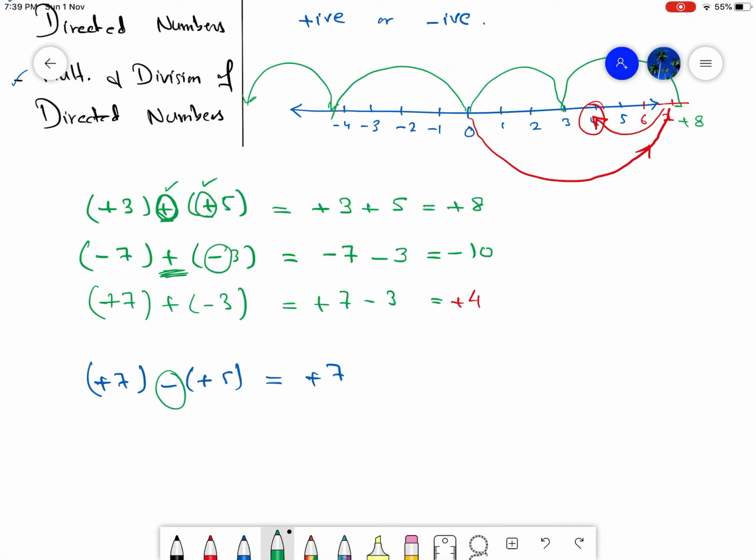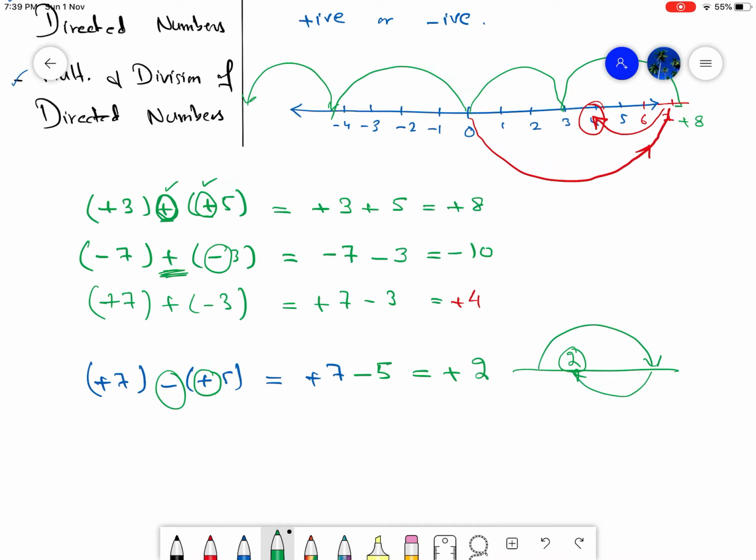Because of this negative sign, when you open the bracket, this sign will change, right? So you'll get plus 7 minus 5, and it is basically 7 minus 5, which is 2 with a positive sign, plus 2. So it is 7 in this direction and then 5 in this direction, and you will get a positive 2 if you use the number line.